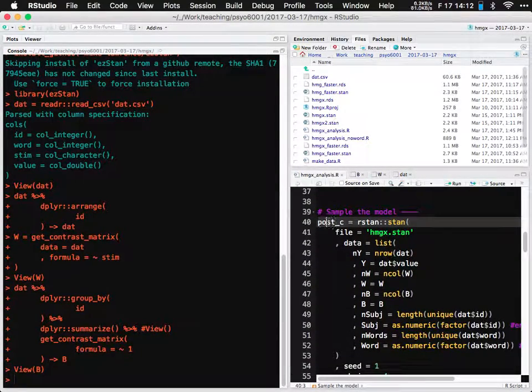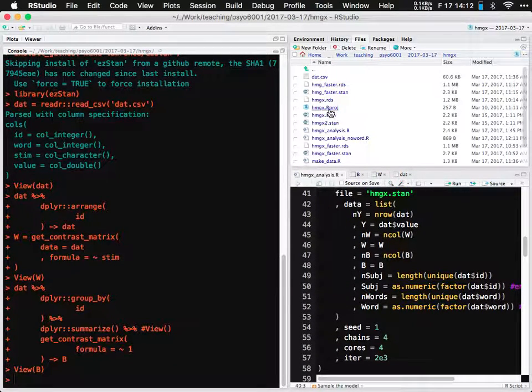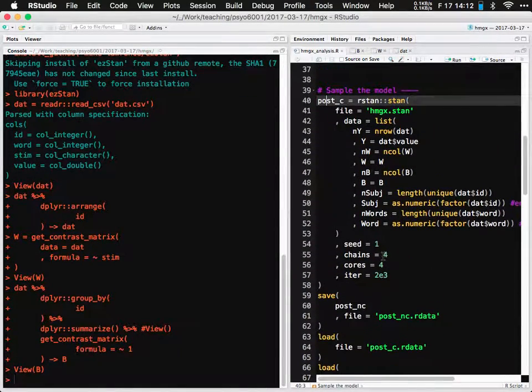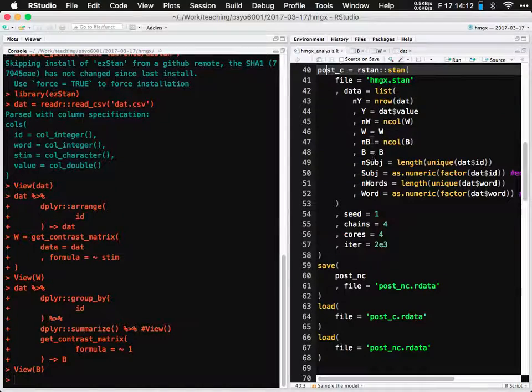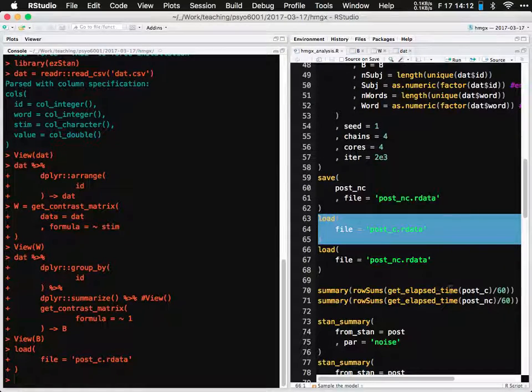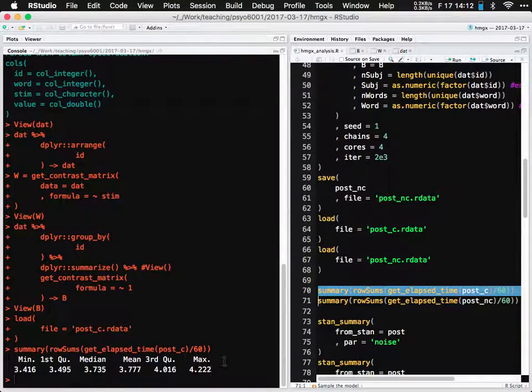So I would run this, but you'll notice that there's this faster version. I'm not going to run this because it actually takes a long time. I already pre-ran it, so I'm going to load it up. And let me just see how long it took. About 4 seconds.